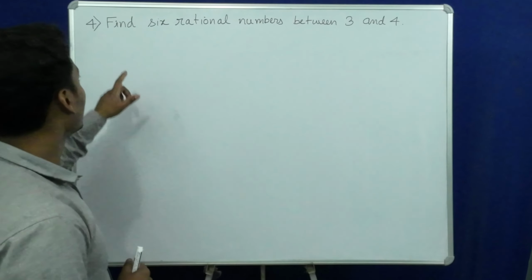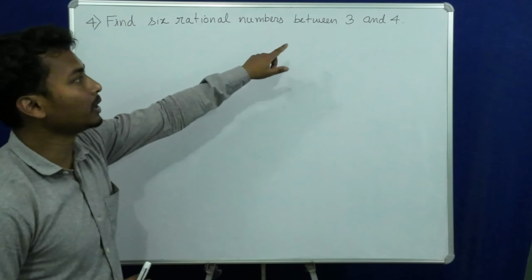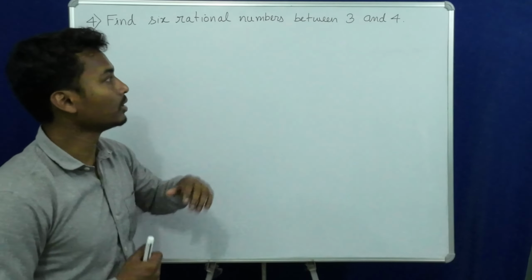Clear? Next question. Find 6 rational numbers between 3 and 4.